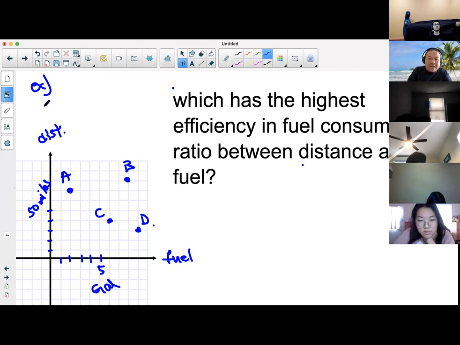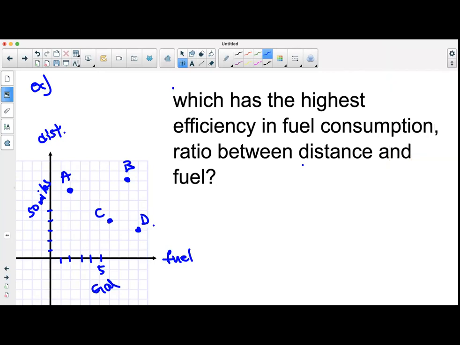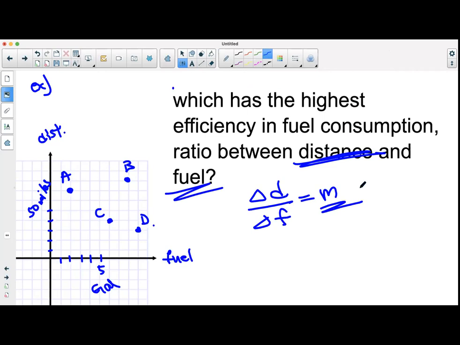I understand you can figure out the slope for every single one of them, which is perfectly fine. But guess what, guys? When I say the ratio of distance to fuel, that means I'm looking for change of distance over change of fuel. In other words, that's exactly the same as a slope, isn't it?